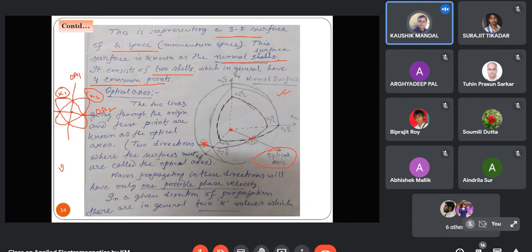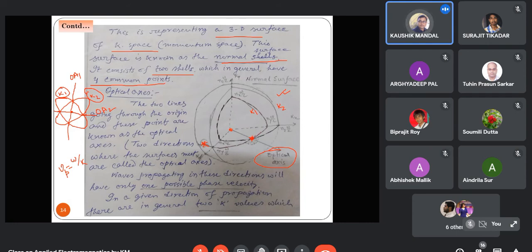The phase velocity Vp equals omega by k. Now suppose this particular shell has k value of k1 and this particular shell has k value of k2. Now at this crossover point, what about the value of k1 and k2? They are equal.